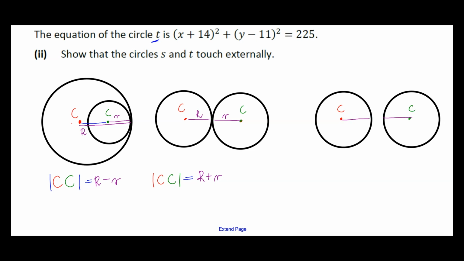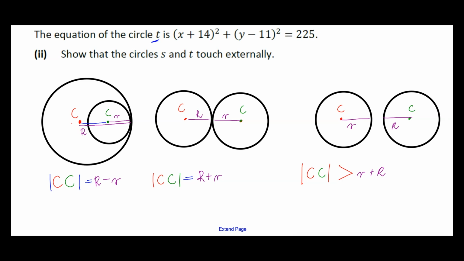So if we calculate the length from one center to the other center, that length should be what? Greater than one radius plus the other radius, isn't it? So that's how we will know how they are touching. But our situation is touching externally, that's the one. So on one side of the equation we go from one center to the other center, and on the other side radius to radius.